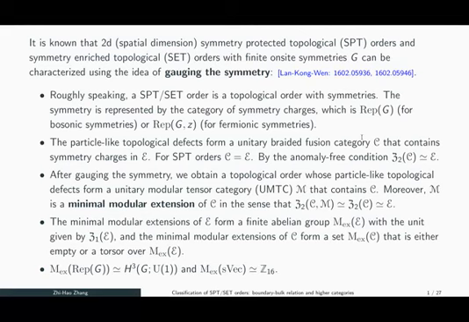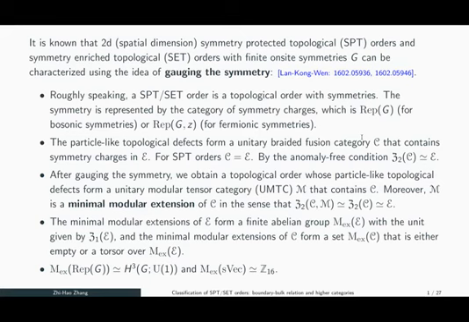So I have a question. So for the fermionic symmetry, the Rep-GZ2, the Z2 is the fermion parity. Fermion parity. Yes, it's a conserved number of fermions. Yes. I have a question. Okay. Your fourth point and the condition about either empty or torsor.